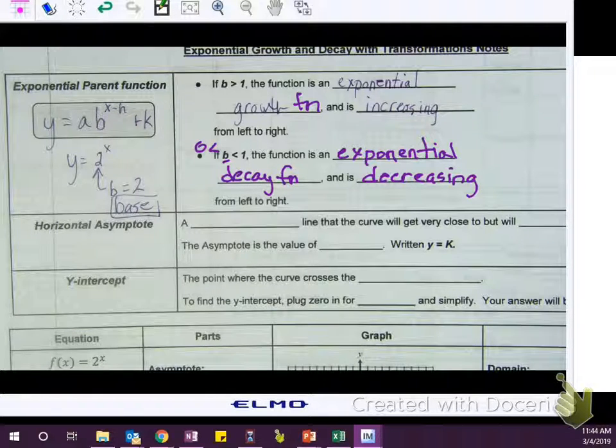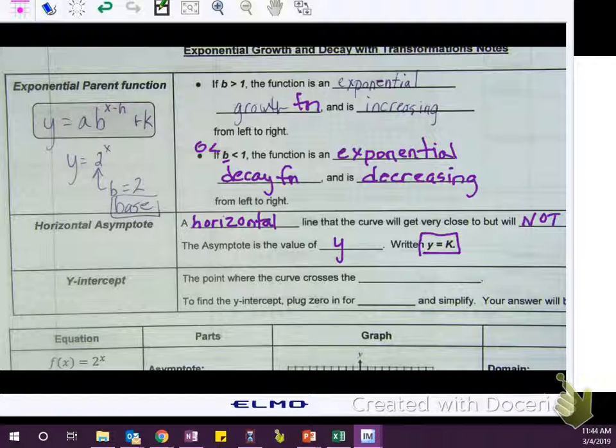The horizontal asymptote is a horizontal line that the curve will get very close to, but will not touch. The asymptote is the value of y, and it must be written as an equation. y equals the constant value.